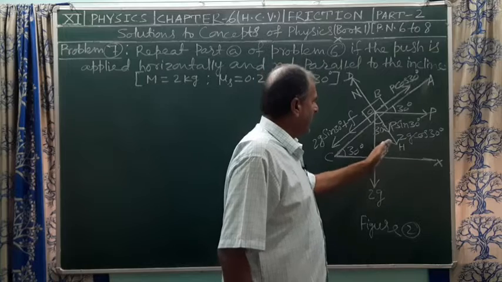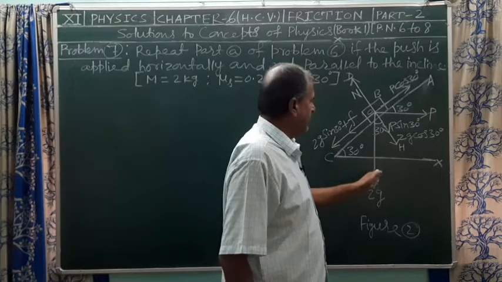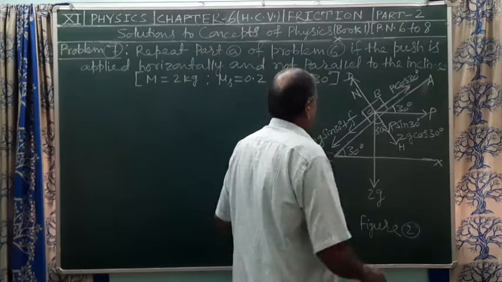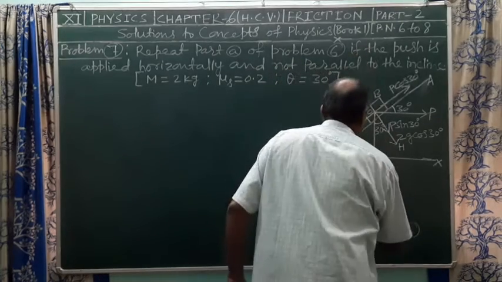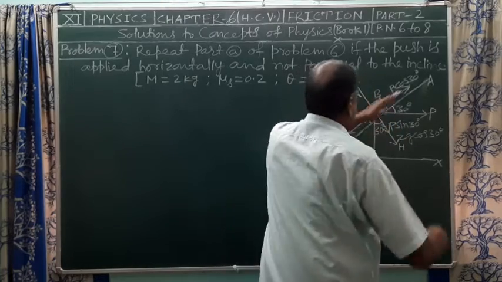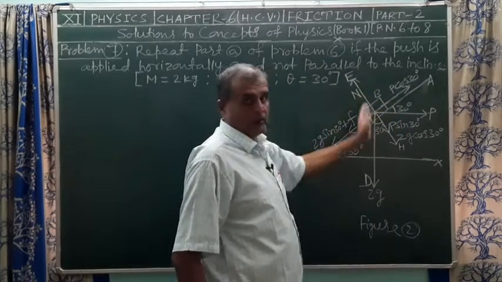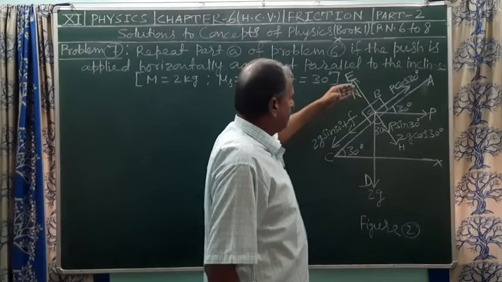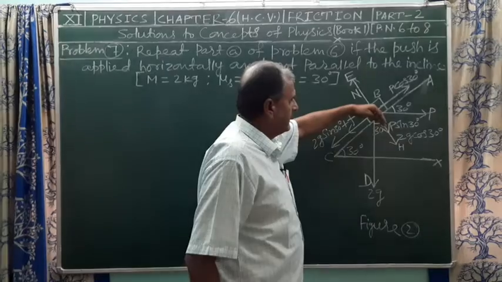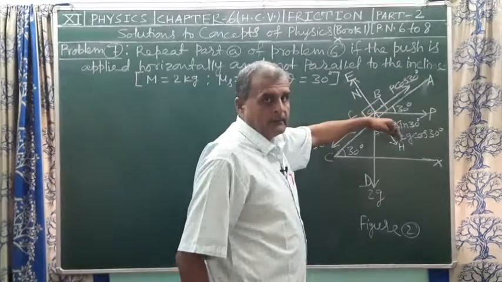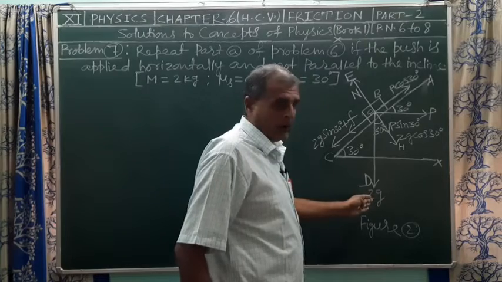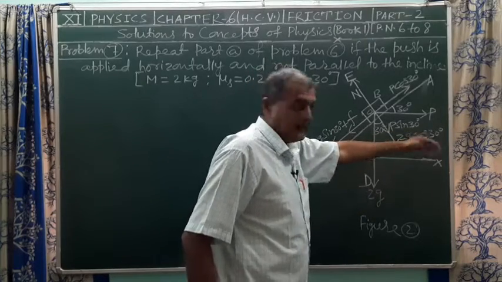So the vertical component of the weight acts vertically downward along OD direction, while the normal reaction of the inclined plane acts vertically upward along OE, and this normal reaction balances the vertical component of the weight of the block 2g, that is 2g cos 30.